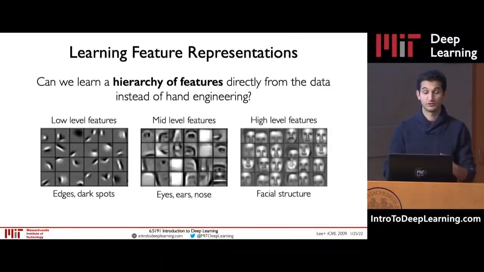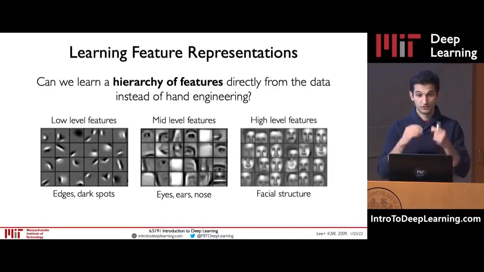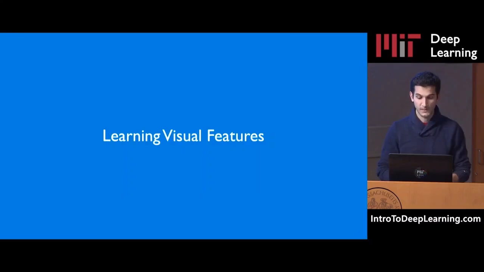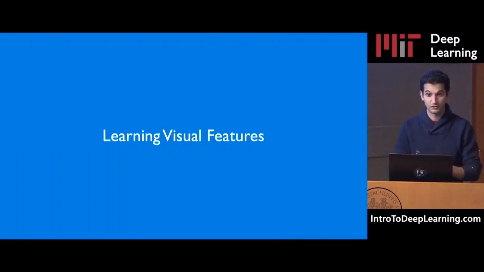So for example, after observing a lot of human faces in a big data set, an algorithm may learn to identify that human faces are usually comprised of a bunch of lines and edges that come together and form mid-level features like eyes and noses, and those come together and form larger pieces of your facial structure and your facial appearance. Now, this is how neural networks are going to allow us to learn directly from visual data and extract those features if we construct them cleverly.